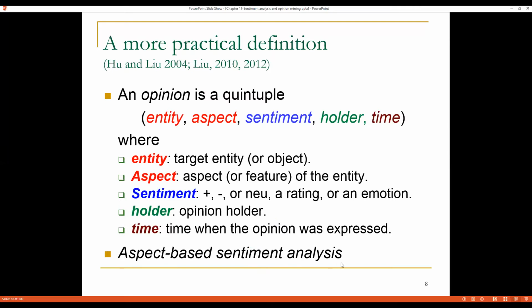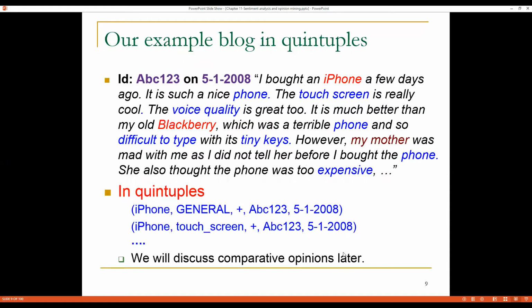So we'll look at aspect-based sentiment analysis, and we can look at that first blog in terms of quintuples.